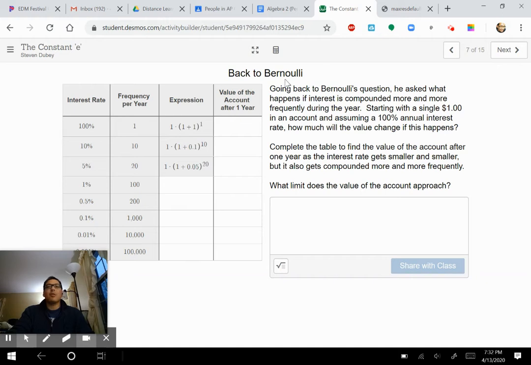Okay, so now let's go back to Bernoulli's question. He asked, what happens if interest is compounded, if we took this to its ad infinitum furthest extreme? What if we compounded more and more and more frequently? Not just 365 times a year. What about 1,000 times a year? What about 10,000 times a year?